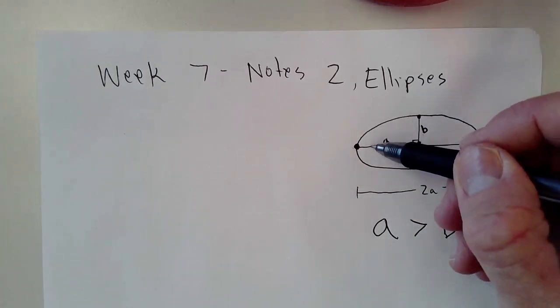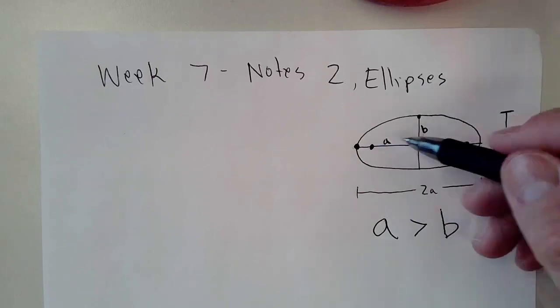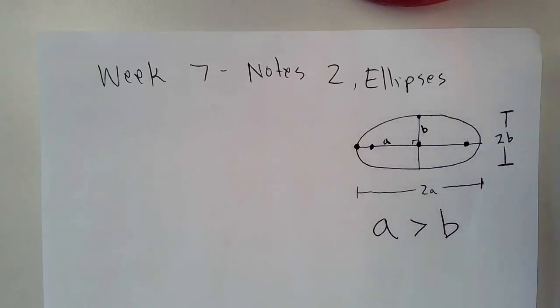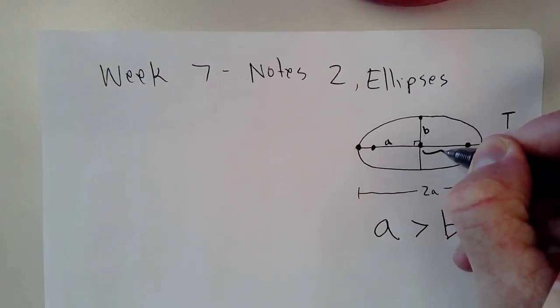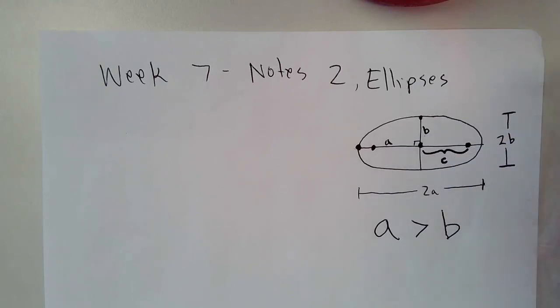All right, foci. So this right here is a focus. This right there is the other focus. These are both foci right here. And the distance from the center to the foci is going to be a distance of c. So right here, this distance is a distance of c.